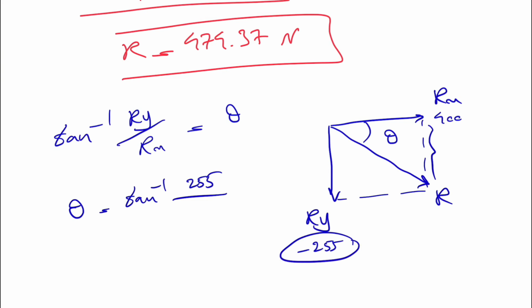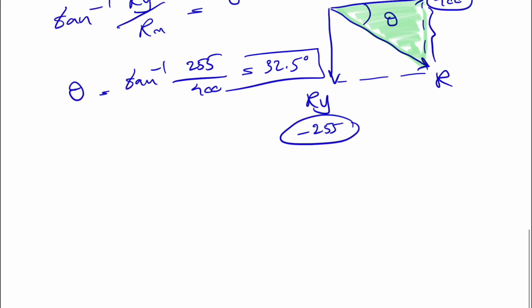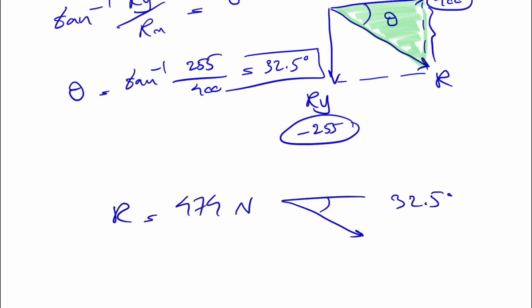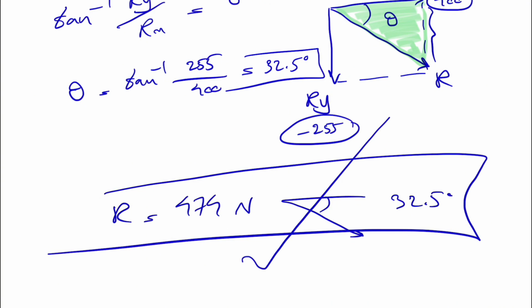Just make sure we don't need to apply the negative sign here, because we're considering just this right triangle, and we are already accounting for the directions. So we go with the absolute values of Rx and Ry, and from here we find theta is 32.5 degrees. So R is 474 Newton at an angle of 32.5 degrees, and that is the final answer for this question.